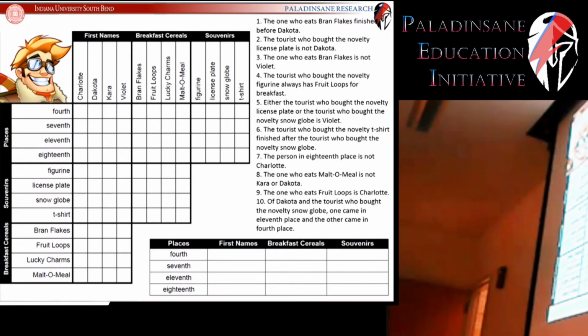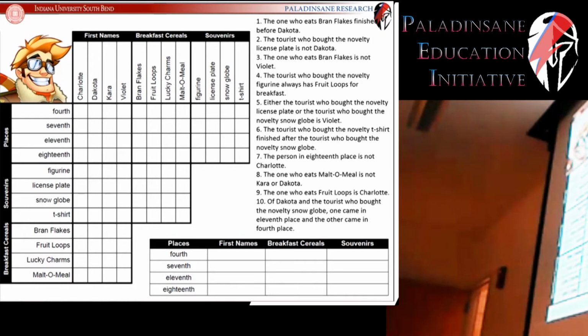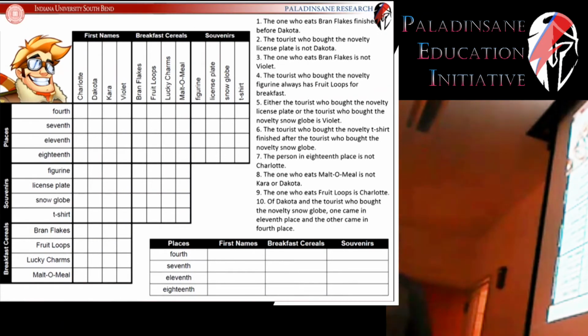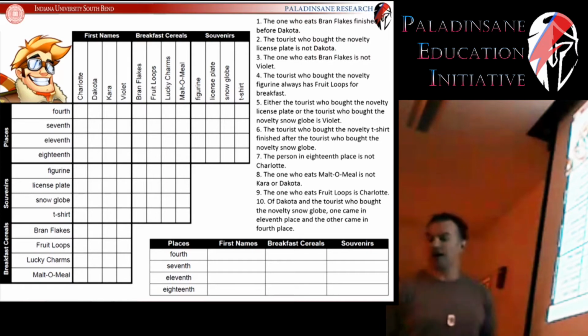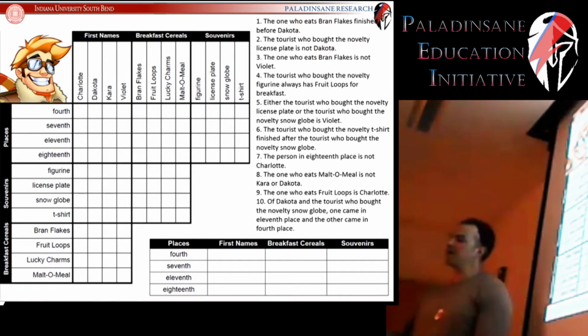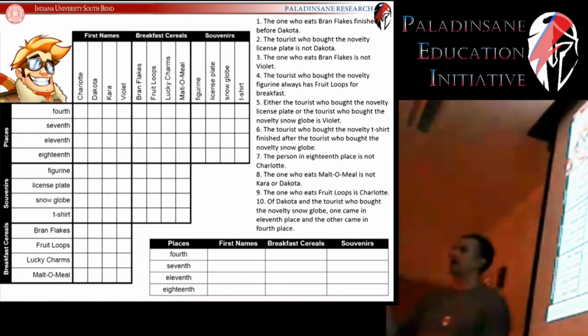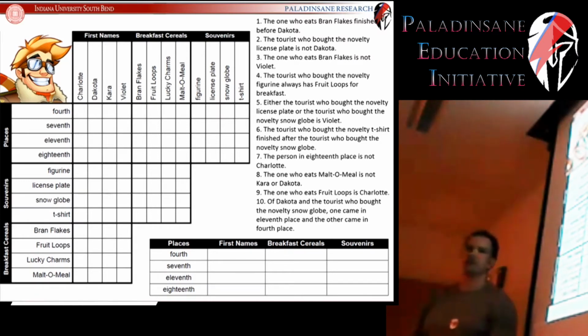What you want to do is read through this information and, using deduction, using your logic reasoning skills, fill in this chart so that you can figure out who finished in what place, what souvenirs they bought, and what breakfast cereals are their favorites. The last piece of information that you need is that everybody is unique in these types of problems.